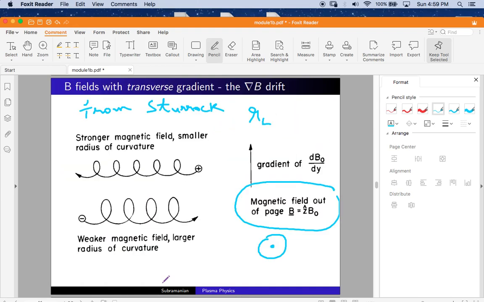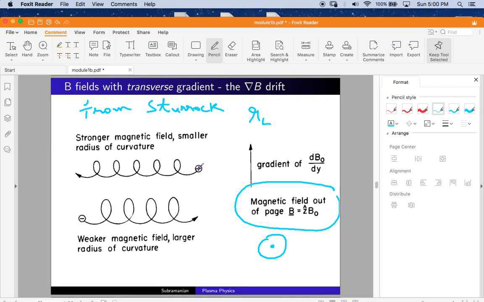I hope this rapid scrolling through shows up okay on the movie. So that's how you have a weaker magnetic field here, larger radius of curvature, and stronger magnetic field here, smaller radius of curvature.